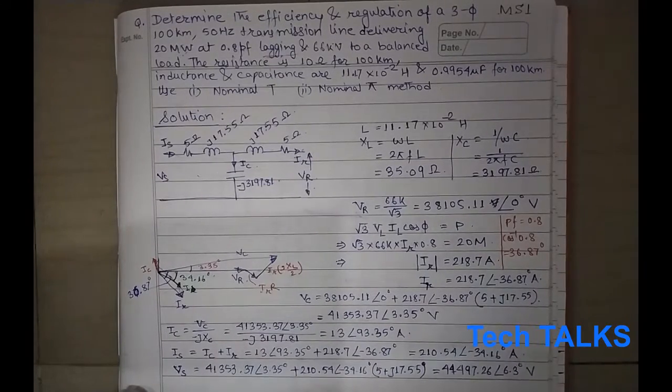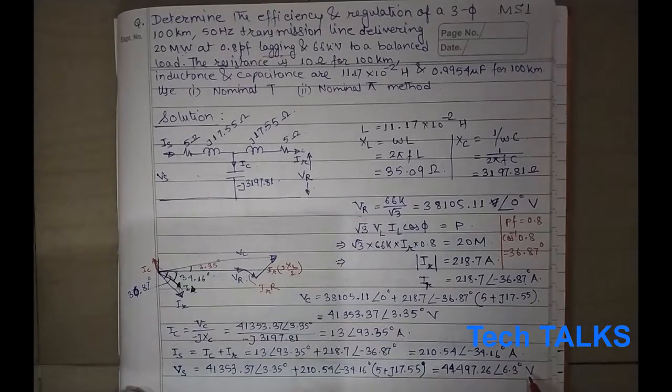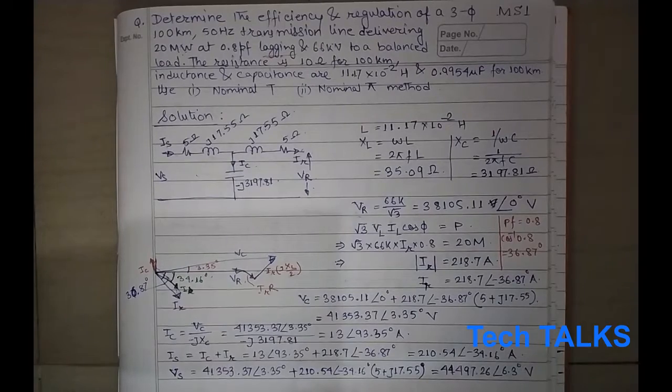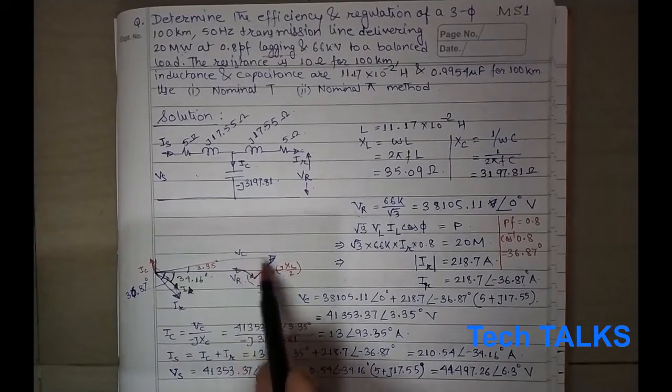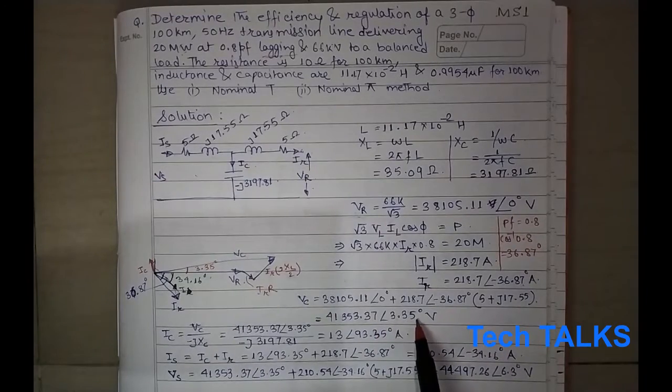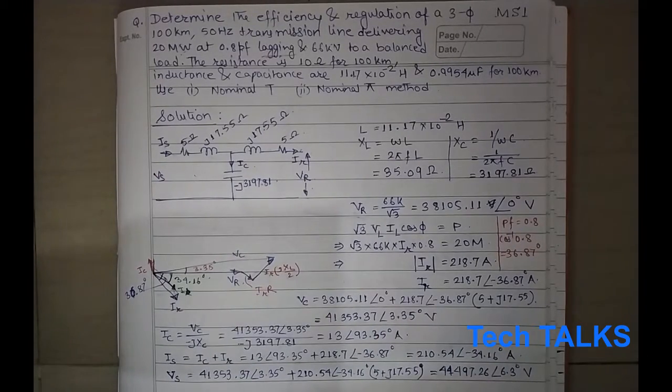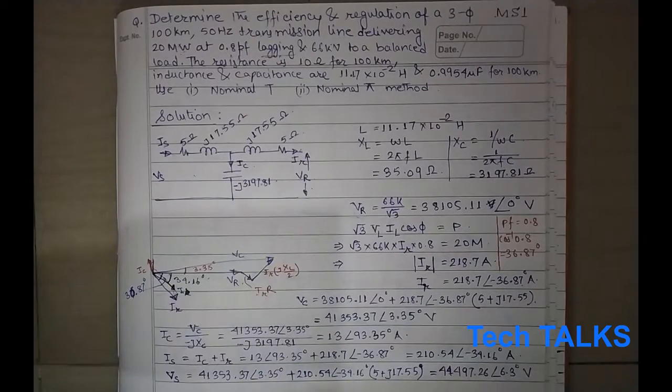So from here you could understand that VS is 6.6 degree ahead of VR. VC is 3.35 degree ahead of VR. Now we will be checking if it fits with the phasor diagram or not.